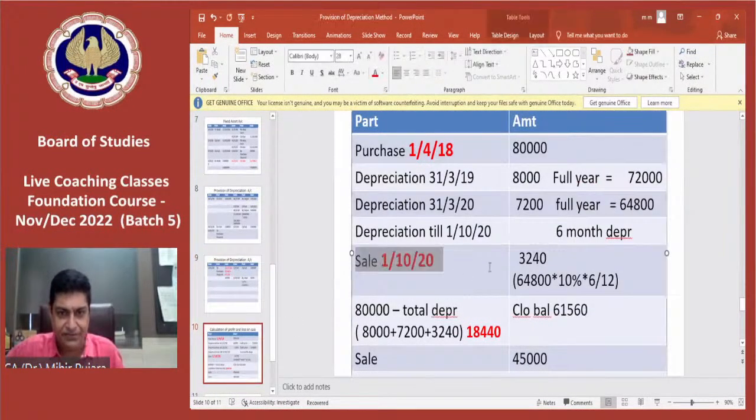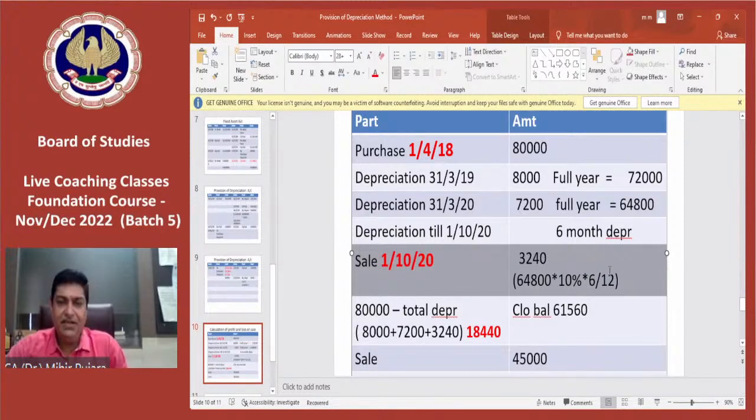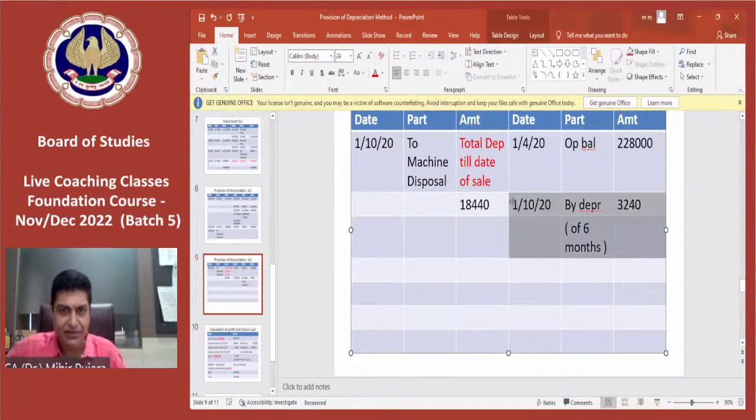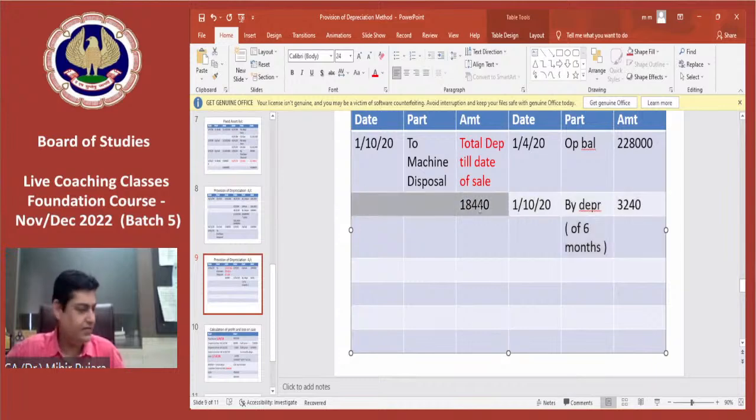This depreciation we have to provide and then we will reverse. So first provide depreciation of 6 months and then all depre will be reversed.